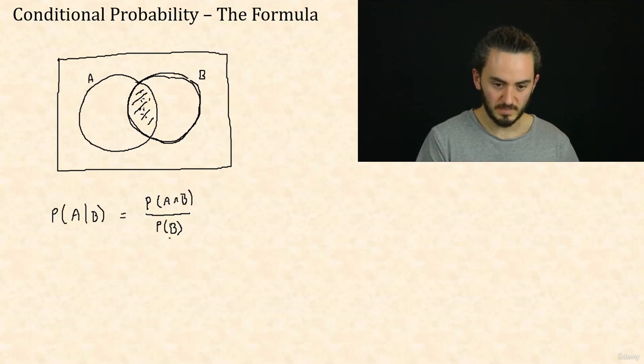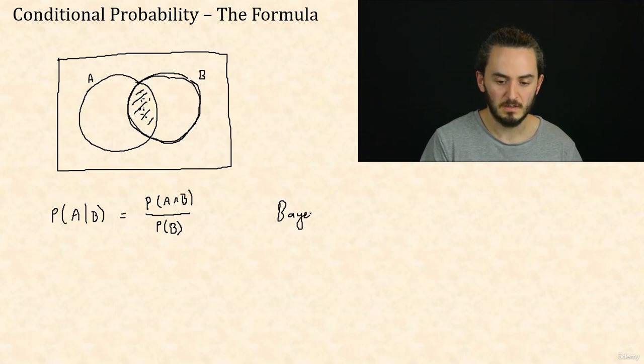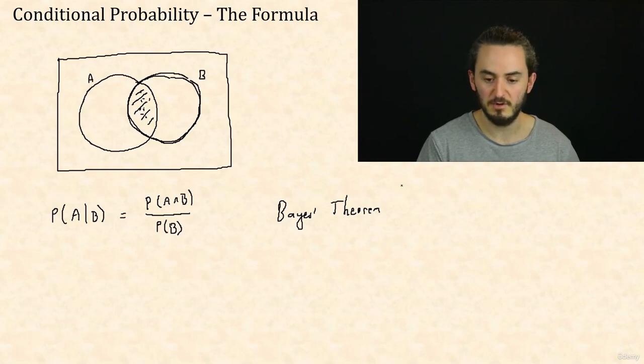Now, in reality, this is a simplified version of something called Bayes' theorem. And Bayes' theorem is an absolutely fascinating topic on its own and demands its own course. Do check that out because it's super interesting.